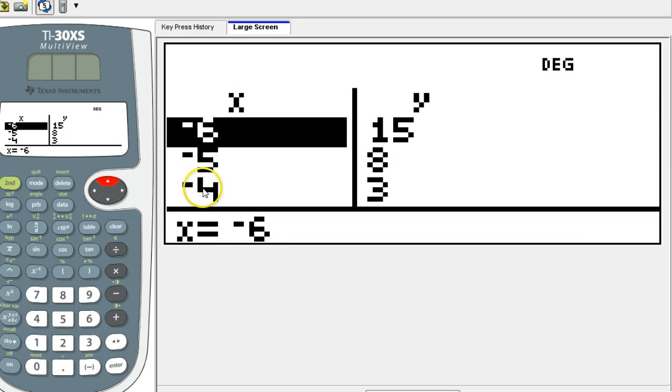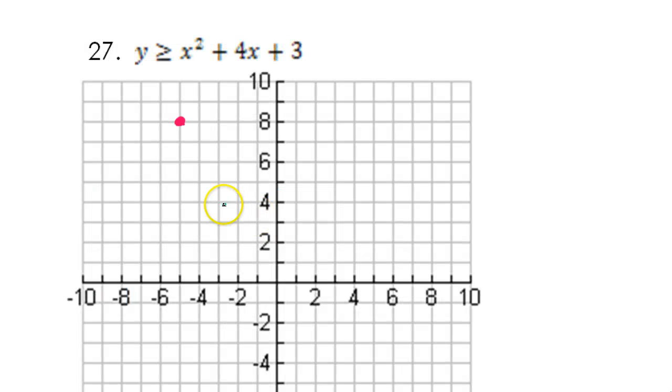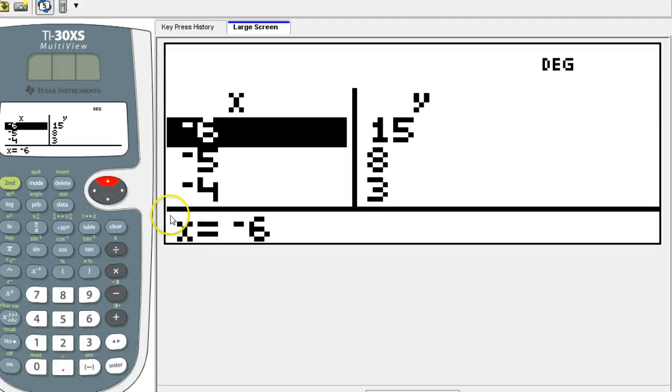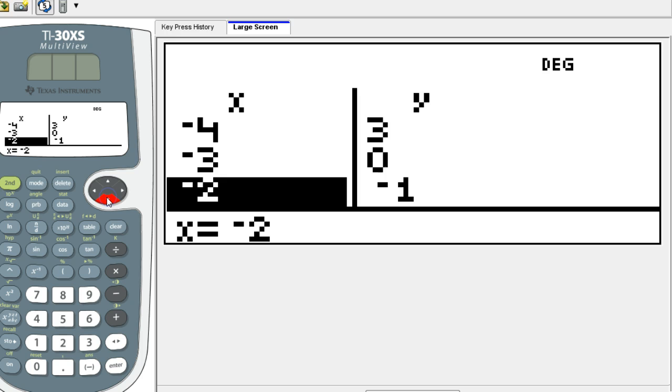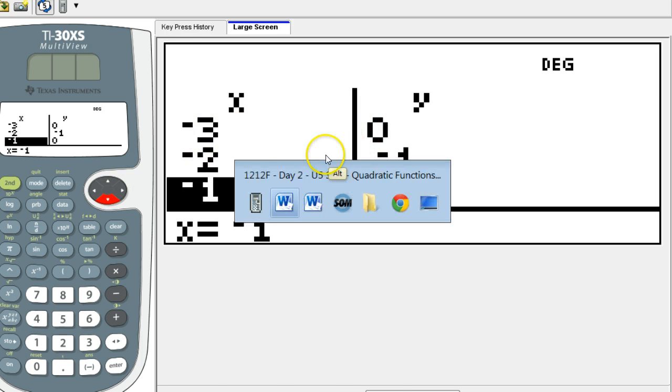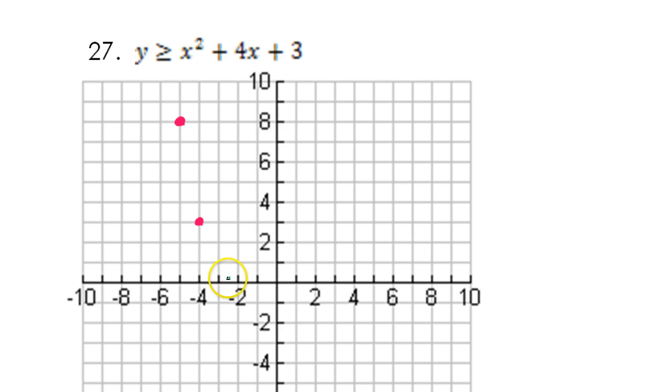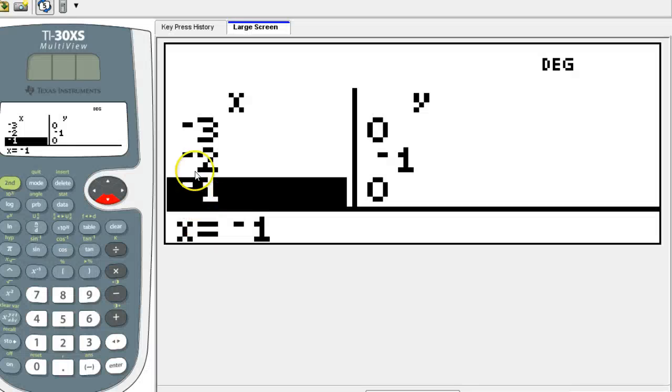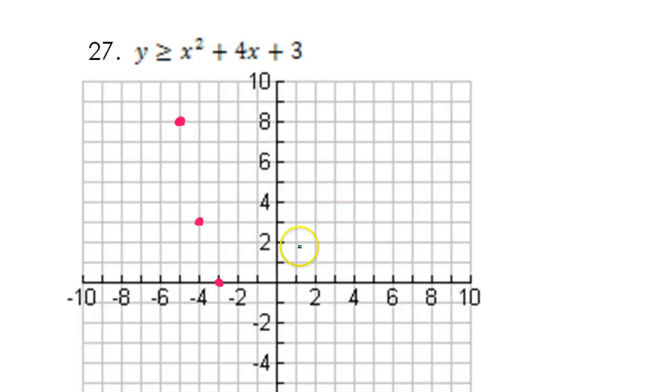And then I've got -4, 3. And -3, 0. And -2, -1.